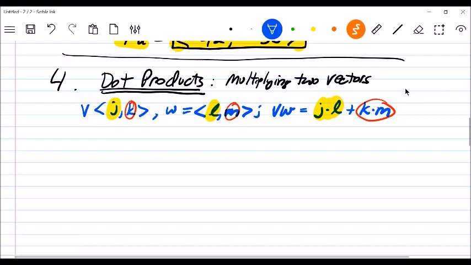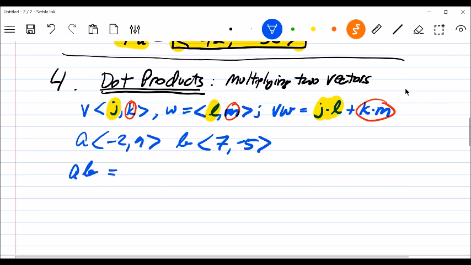So I'm going to put some numbers in here. In fact, I'm going to say A is -2, 9. B is 7, -5. So if I want to do A dot B, I'm going to do -2 times 7 plus 9 times -5. That's -14. That's -45.